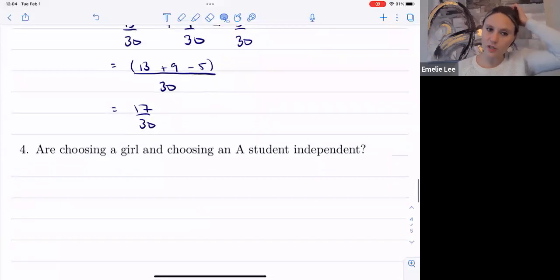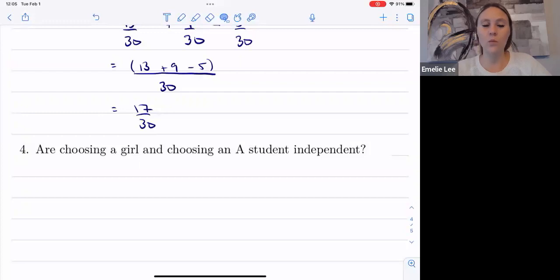So the last question we're going to answer here is, are choosing a girl and choosing an A student independent? So are these two events independent of each other? Only one way to find out. I don't want you to sit here and philosophize for too long whether they're independent or not, because we have a mathematical formula that we can use to check it.